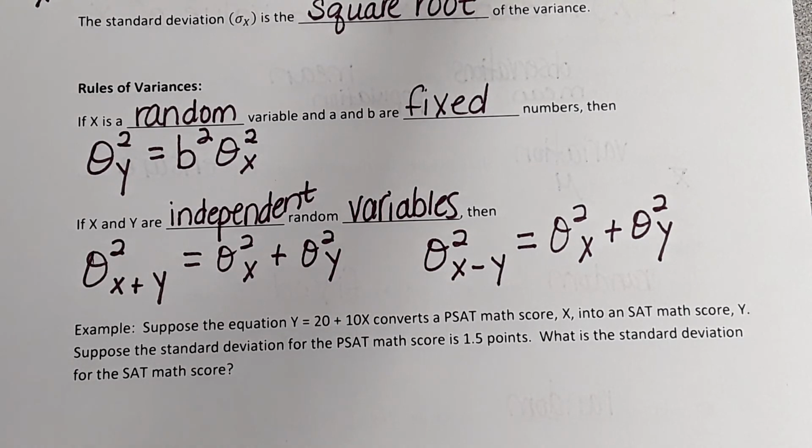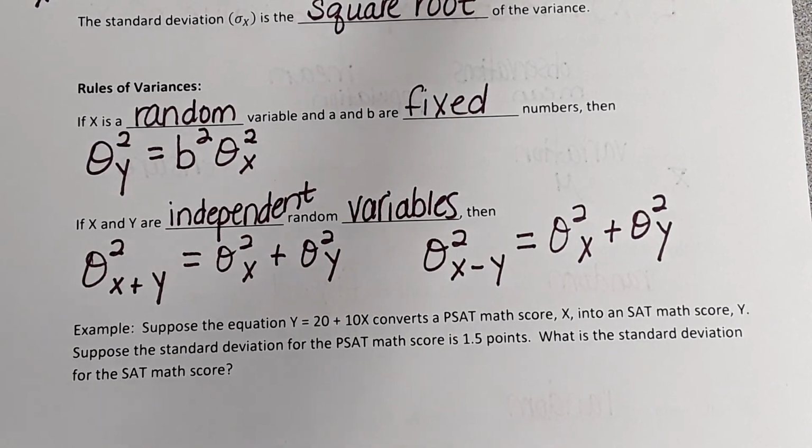If there's anything else that you took away from today, this is probably the most important. It is one of the ones that they will have, and I know I will have on next week's test, and it will be on the exam. It does not matter if it asks you to find the sum of standard deviations or the difference of standard deviations. You always add the variances. Okay, that's today's lesson.